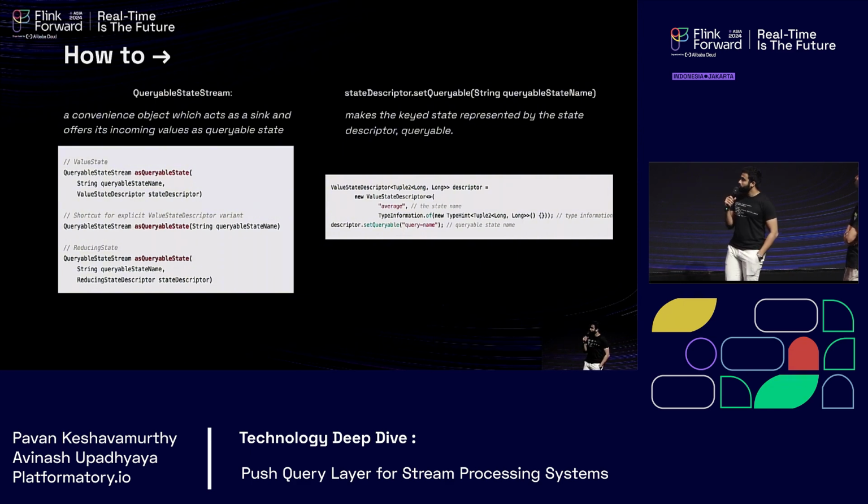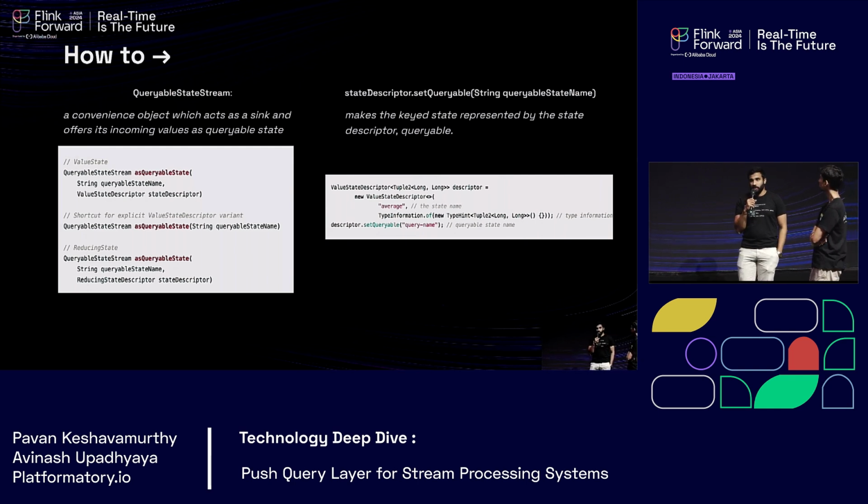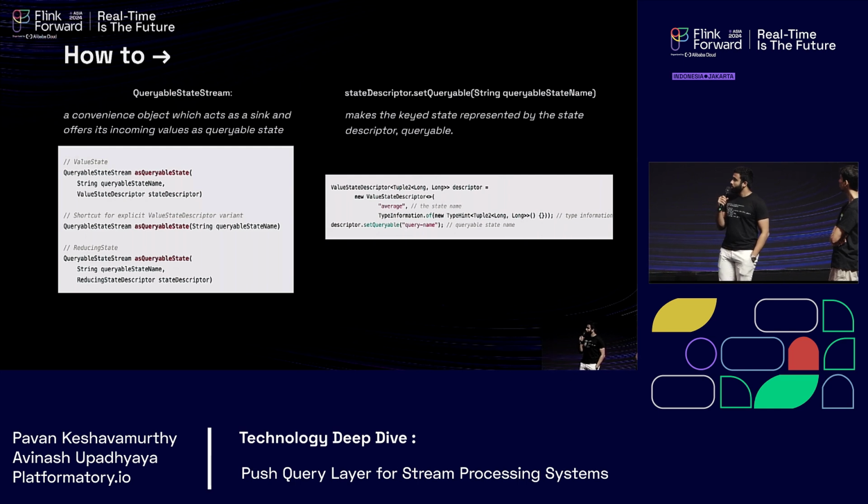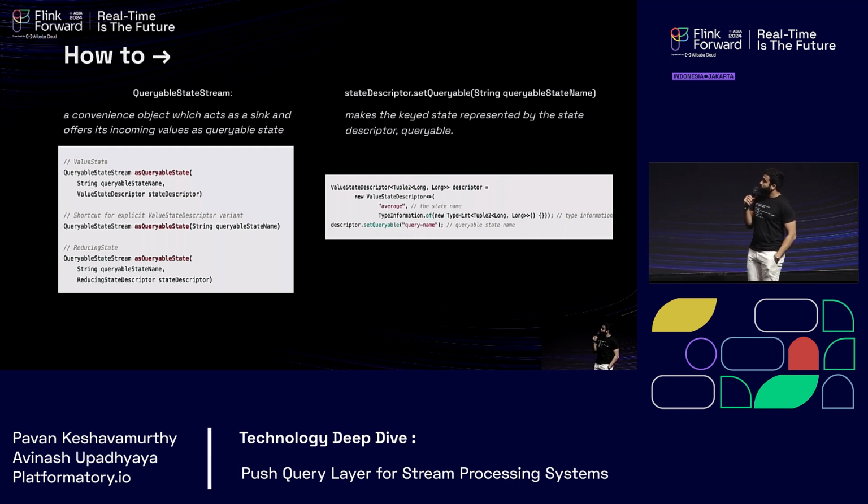One is the one that we saw, which is on the right, where you set the state descriptor to be queryable, and you give it a name. Using that name, we can then query the state store. The other option is a convenience object that allows you to mark any keyed stream as queryable state, and then you can use that convenience object to query the state store.